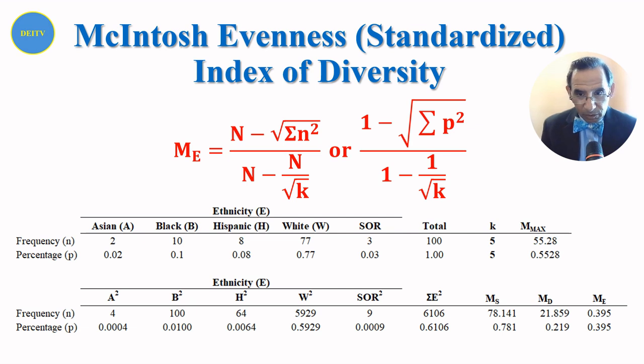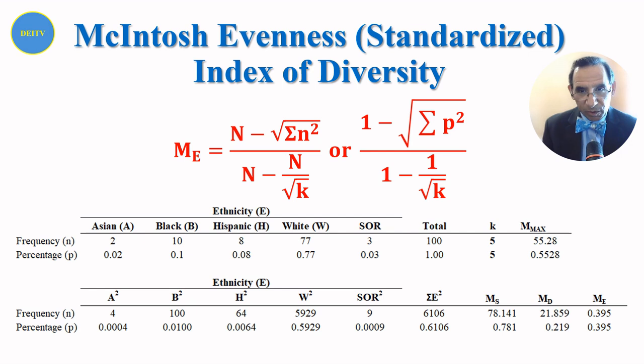The McIntosh diversity score is 21.39, or 0.219 if you're using the percentages. So when you divide the McIntosh diversity score by the maximum value, that gives you 0.365, and again that is the standardized score.